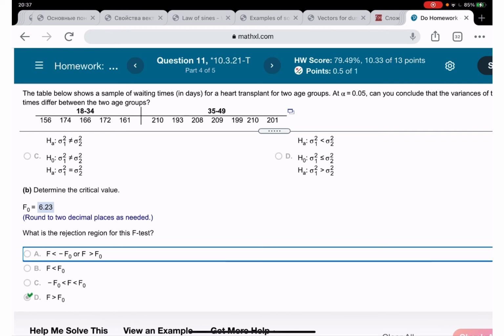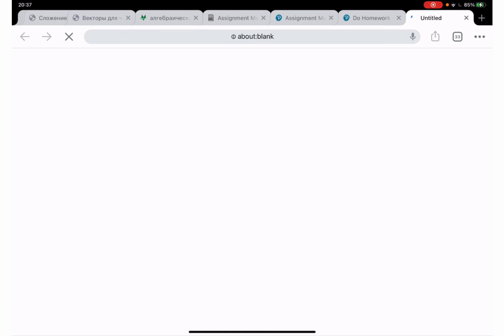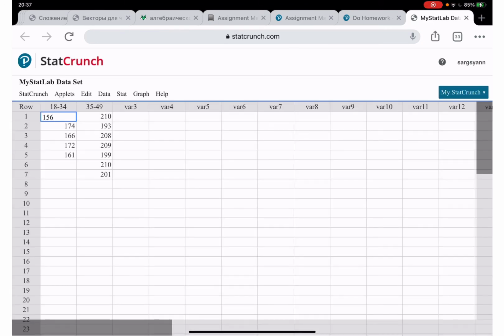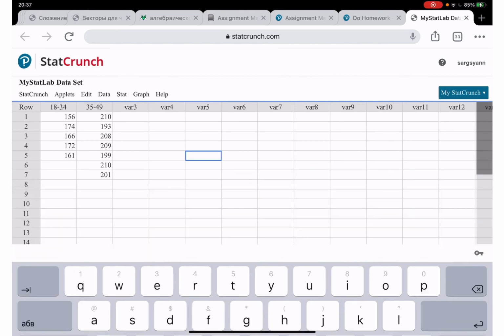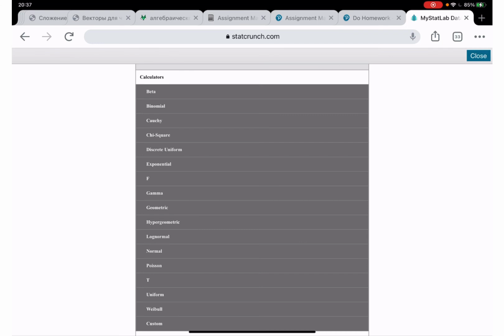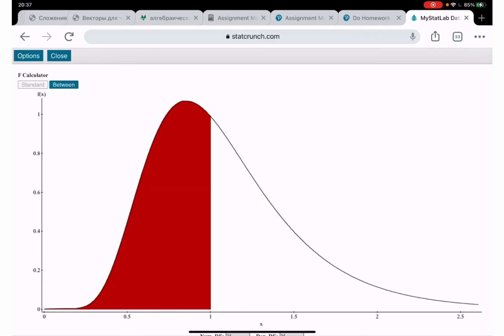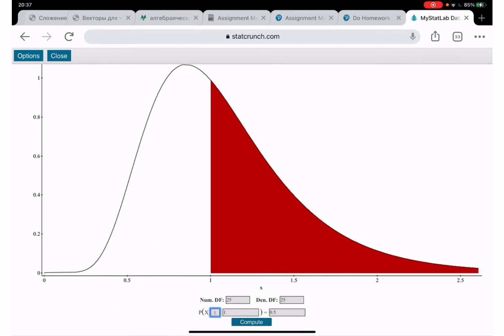So the bottom line is we are clicking on StatCrunch. Here is our raw data, and I'm clicking on Stat, Calculator, and picking F test. Since the F test is right tail, I'm clicking here and picking right tail.